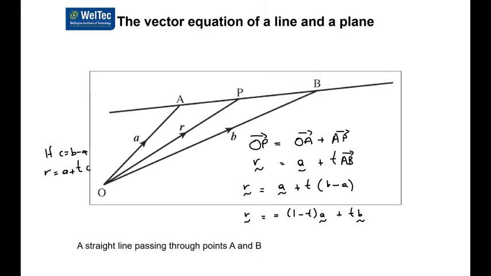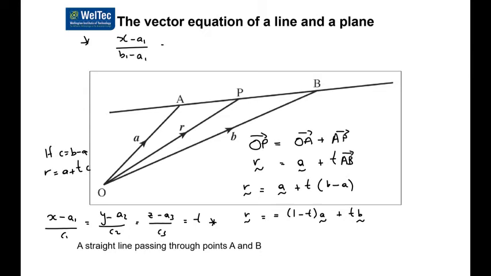So we've got X minus A1 over C1 equals Y minus A2 over C2 equals Z minus A3 over C3, and that's equal to T. Or, putting it another way, we've got X minus A1 over B1 minus A1 is equal to, and all of these got vector marks, but it's just going to get a bit crowded.